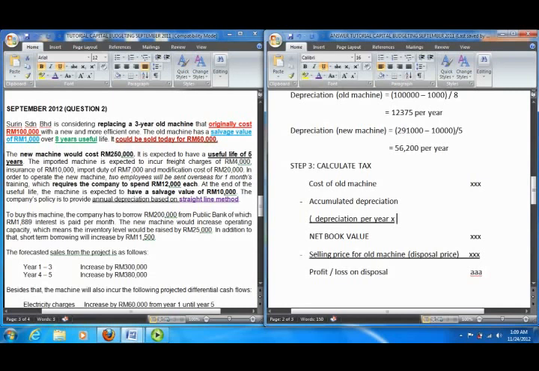As you can see in the question, Surin Sendirian Berhad is considering replacing a 3-year-old machine. Your current machine is a 3-year-old machine. So times depreciation per year.